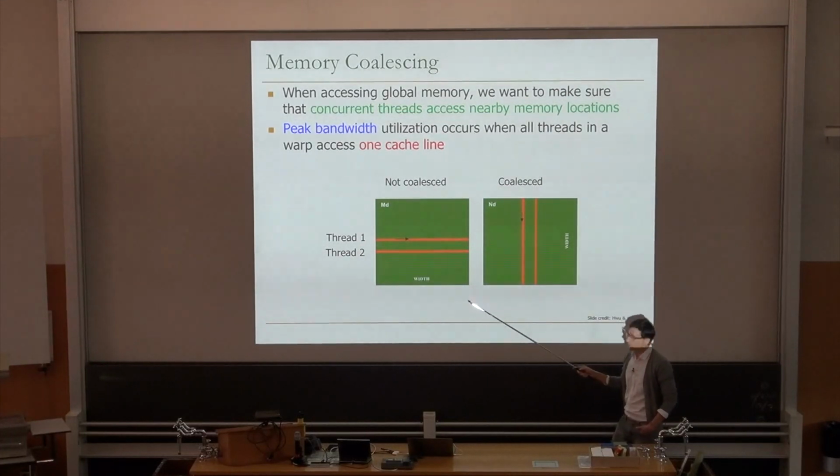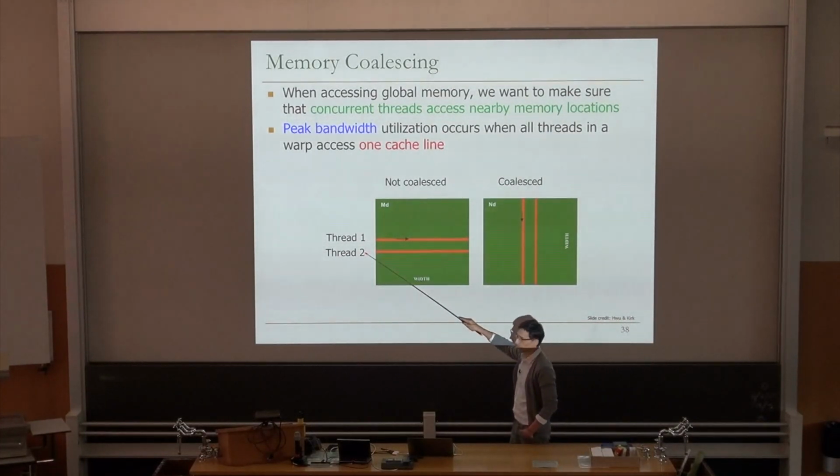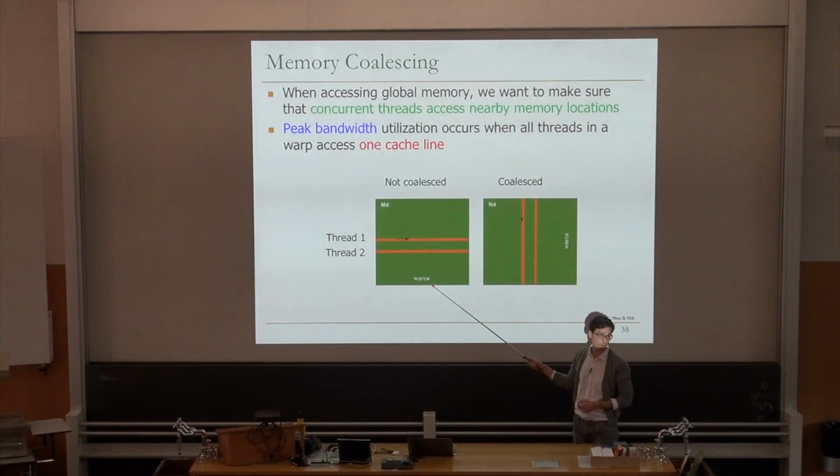What's the problem here? The problem is that these two threads execute concurrently, right? They belong to the same warp, they execute in lockstep. So in the very first iteration, they will be accessing thread 1 here and thread 2 here. And observe that if these two access the matrix at the same time, they are doing it with some stride, because thread 1 accesses here, thread 2 accesses here, and the distance between these two is the stride, equal to the width of the matrix or the image in this case.